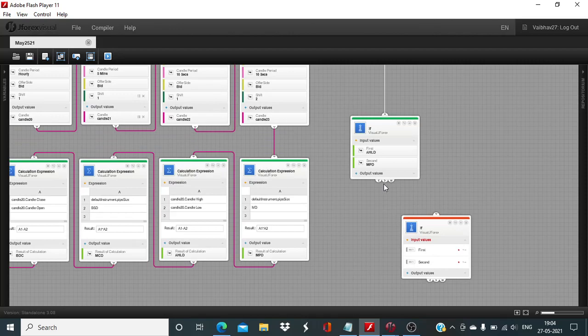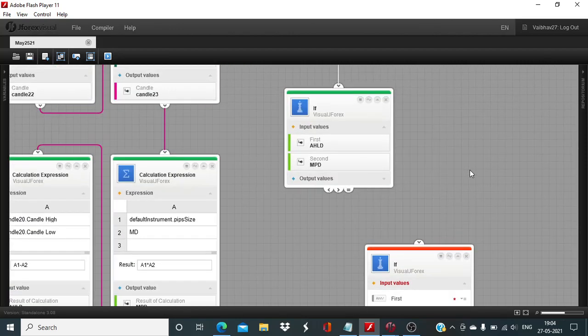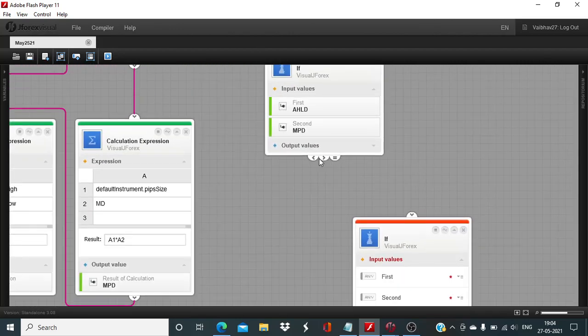So here, first input greater than second input.